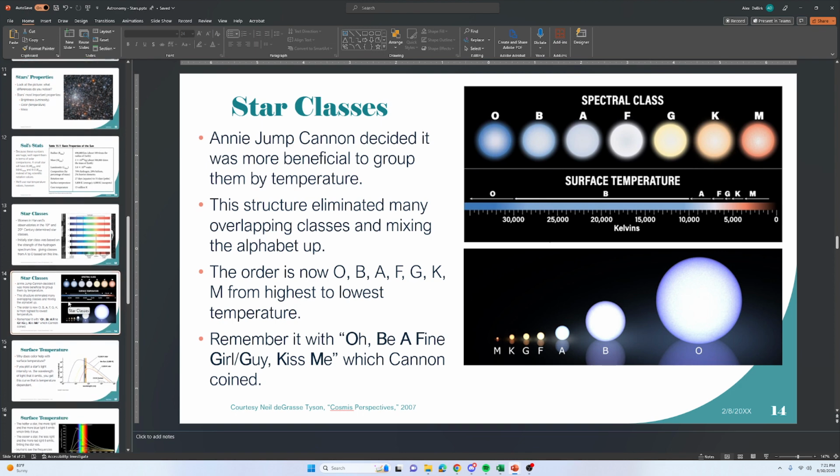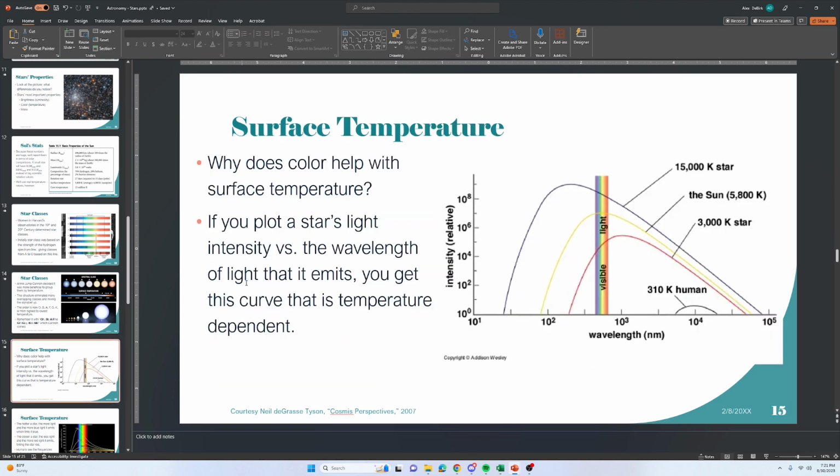Okay, let's talk a little bit about temperature then, and why color and temperature are linked. Well, I won't get too far into this. This is a lot of science stuff that is not necessarily important when you're designing star systems, but it could give you some ideas.